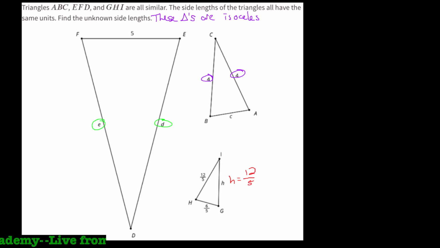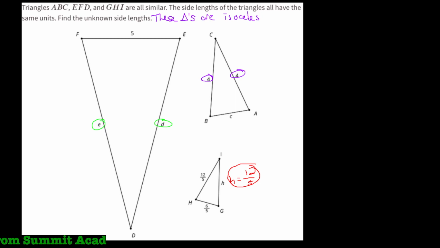If you want to change it to a decimal, you certainly can. But since those side lengths are equal, I can put those out. Please be careful, because I can't say h equals 4, because that is not the case. I have to say it's equal to the side across from it. So I already have one of my answers, h equals 12 over 5.